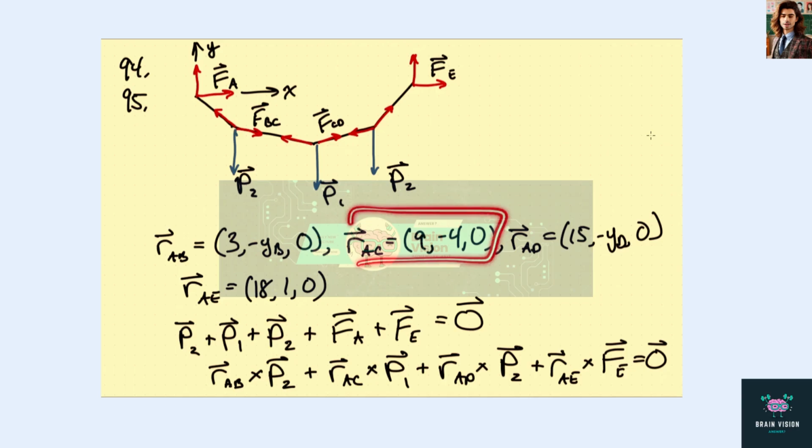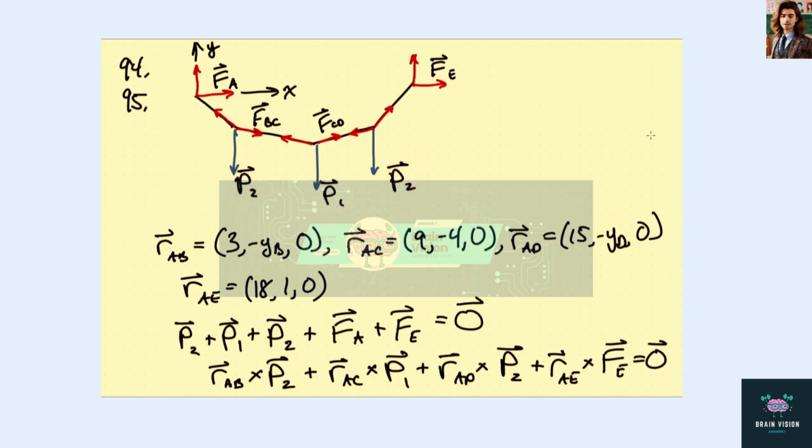We know the exact position of point C here. We know the x position of point D, but not the y. And then we know the exact position of the support on the right end. And we're asked to find these two values given some values for these loads here.